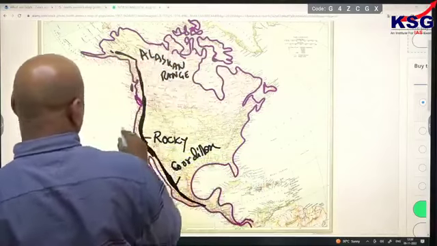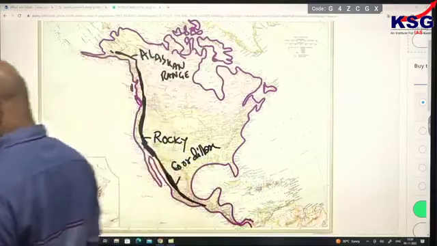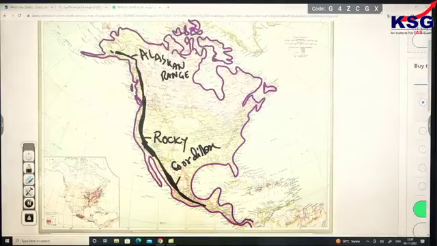Cordillera, Rocky, Alaskan Range, 3 areas. Alaskan Range is a fold mountain. You can see that.